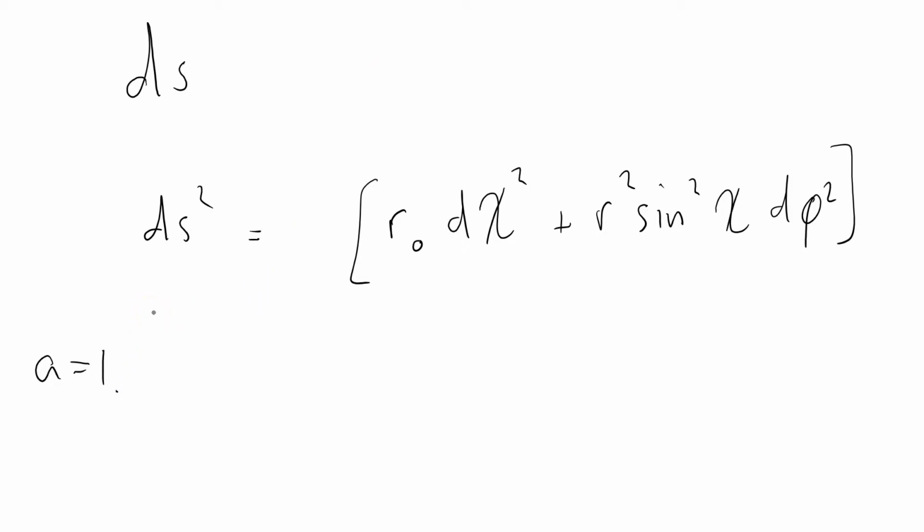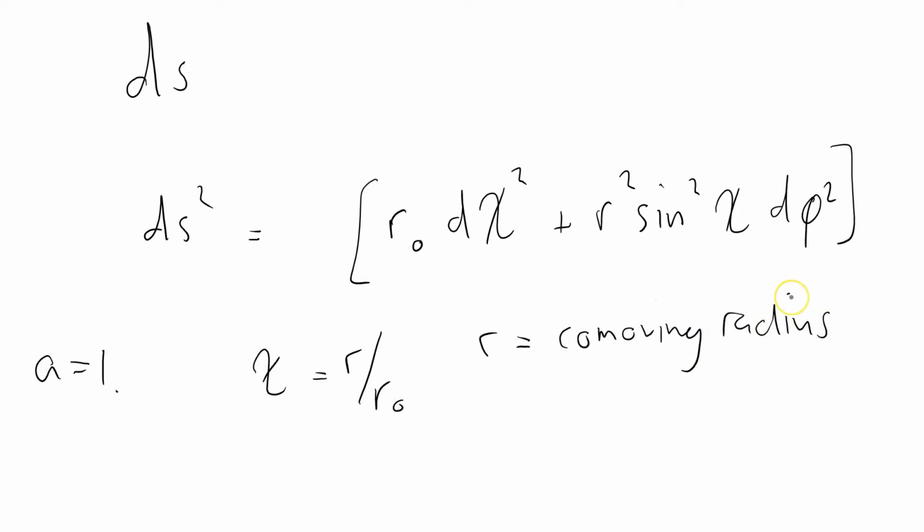Okay, right, and chi was equal to r over r0, where r equals the co-moving radius. It doesn't matter that it's co-moving because I'm considering just an instant in time. And r0 equals, I guess you could call it, the radius of the universe.